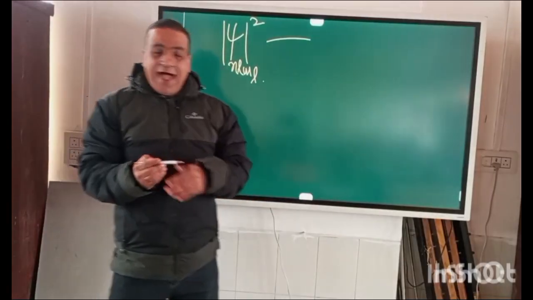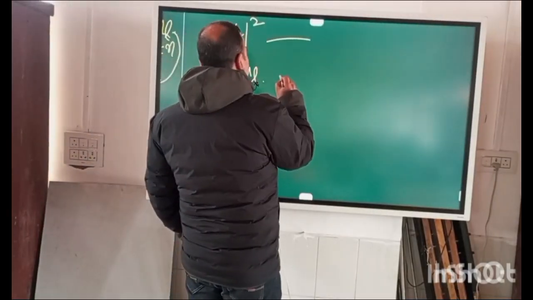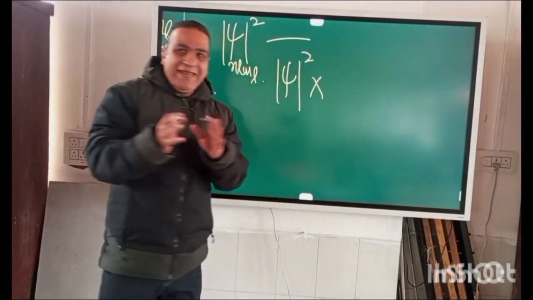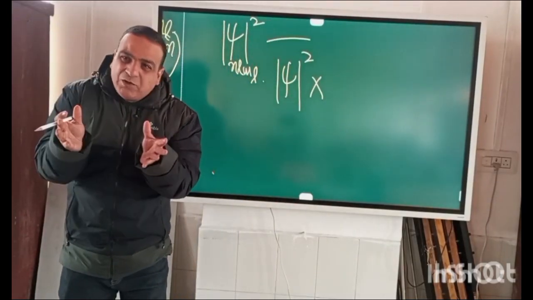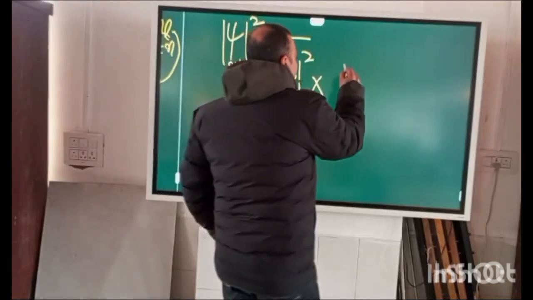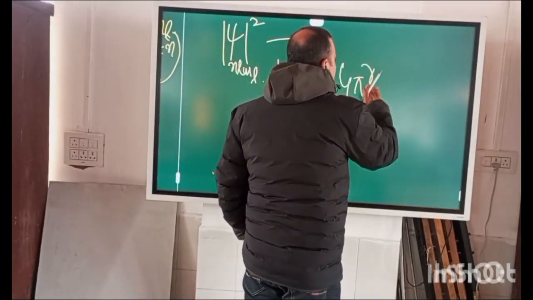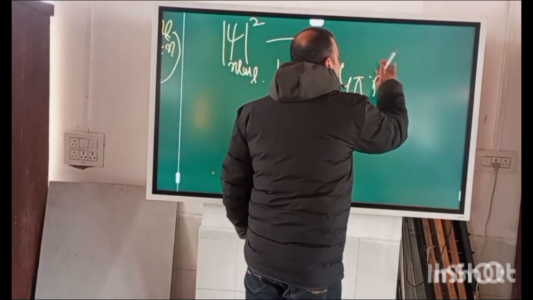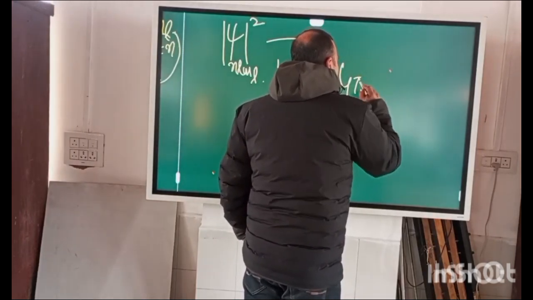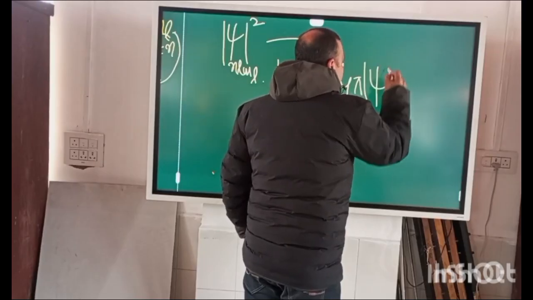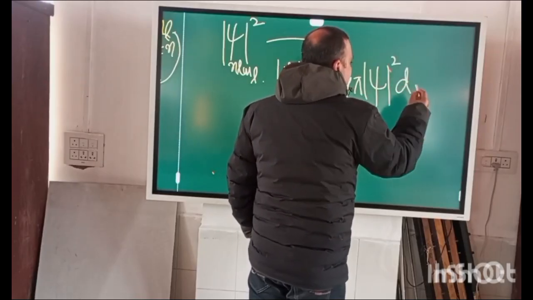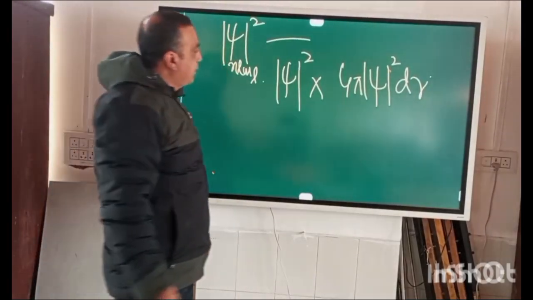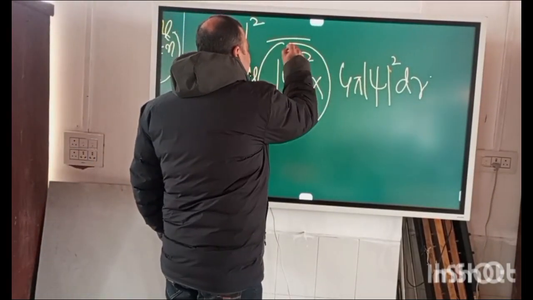And if I multiply this probability density, psi square, by a small shell volume, 4 pi r square dr, you have the probability.